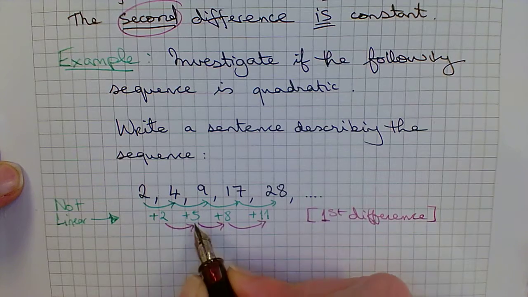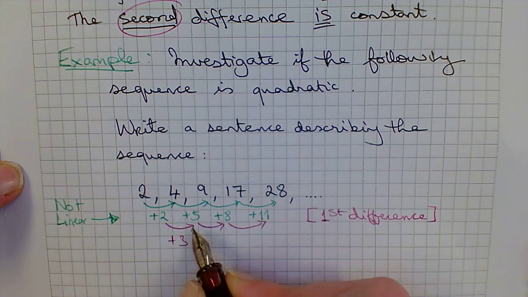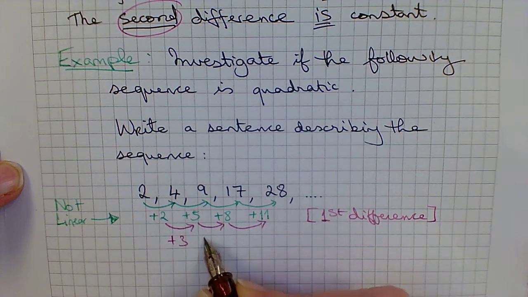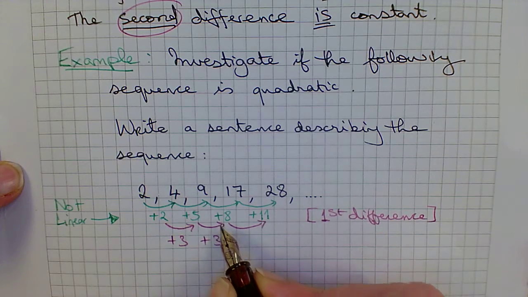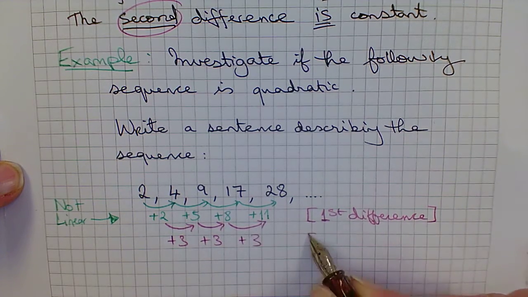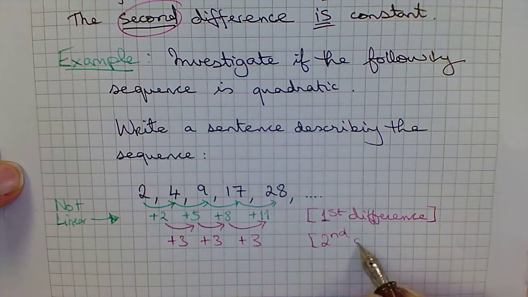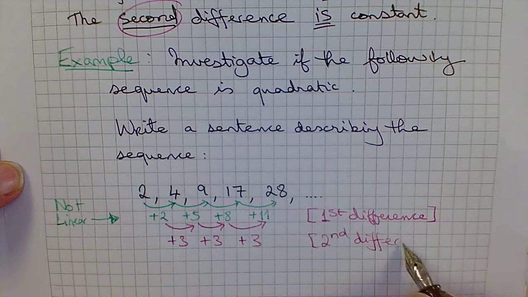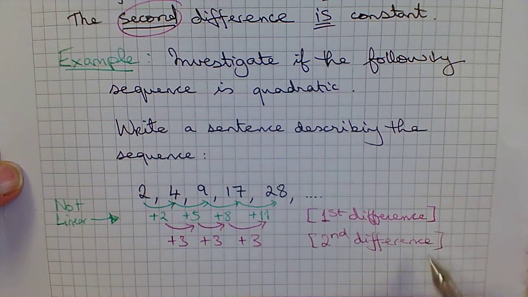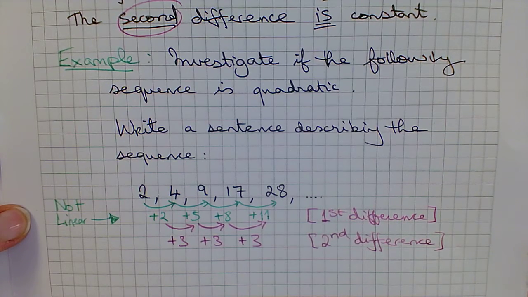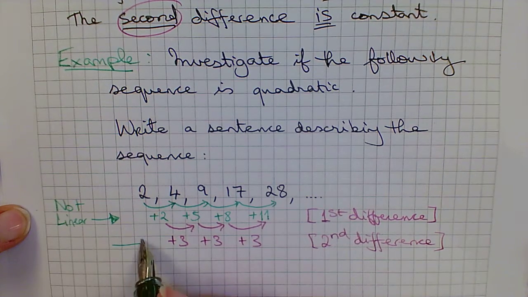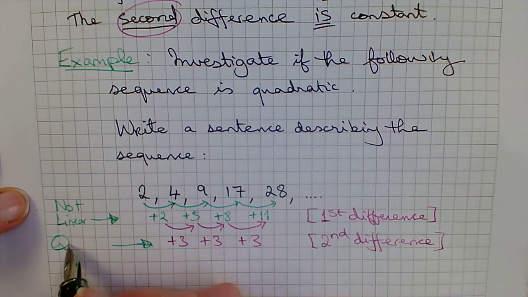To go from 2 to 5, I added 3. To go from 5 to 8, I added 3. To go from 8 to 11, I added 3. So we can see that my second difference is constant, which means this is a quadratic pattern, a quadratic sequence.